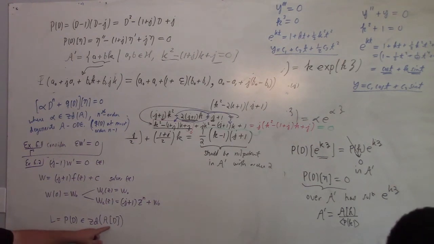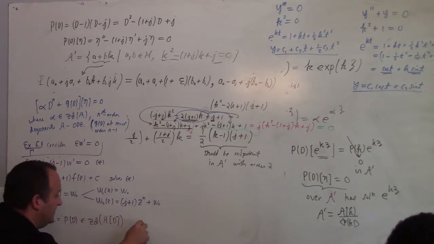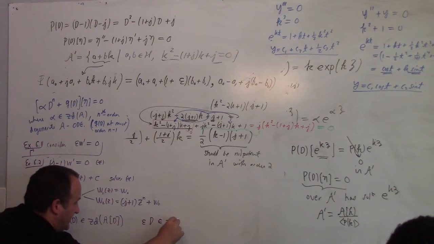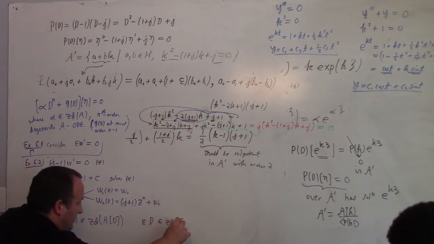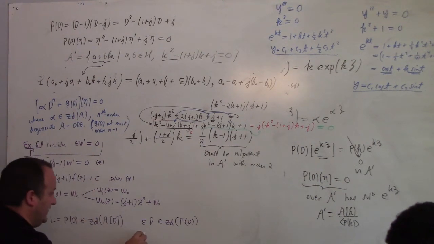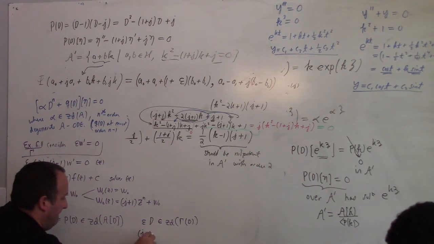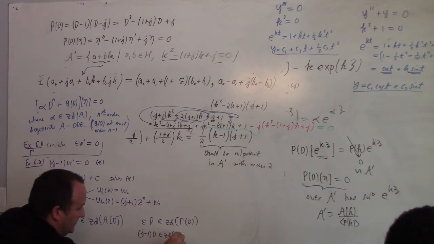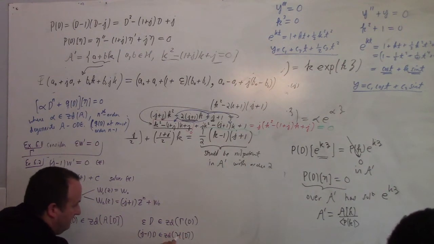So for example, epsilon d was an element of the zero divisors of the polynomials over the null numbers in the differentiation operator. Or in this last one, j minus 1 times d was a zero divisor in the polynomials over the hyperbolic numbers in the differentiation operator.